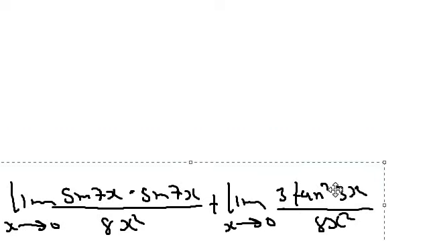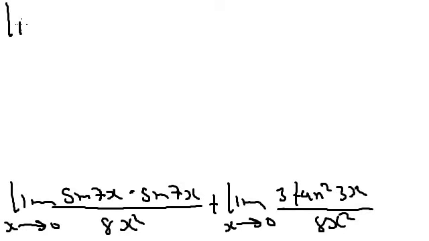So we have the limit as x approaches 0. Now, we want to make the denominator of each of the sine 7x to be 7x. So we can apply the fact we learned at the beginning of the video.